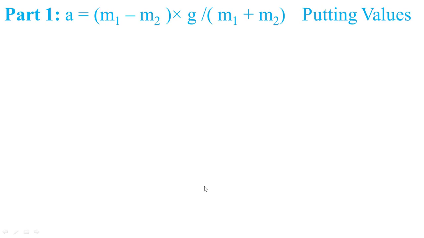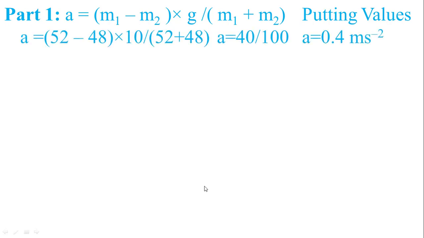In part 1, we can find the acceleration a. Then a is equal to (m1 minus m2) multiplied by g upon (m1 plus m2). Putting the values, a is equal to (52 minus 48) multiplied by 10 upon (52 plus 48).